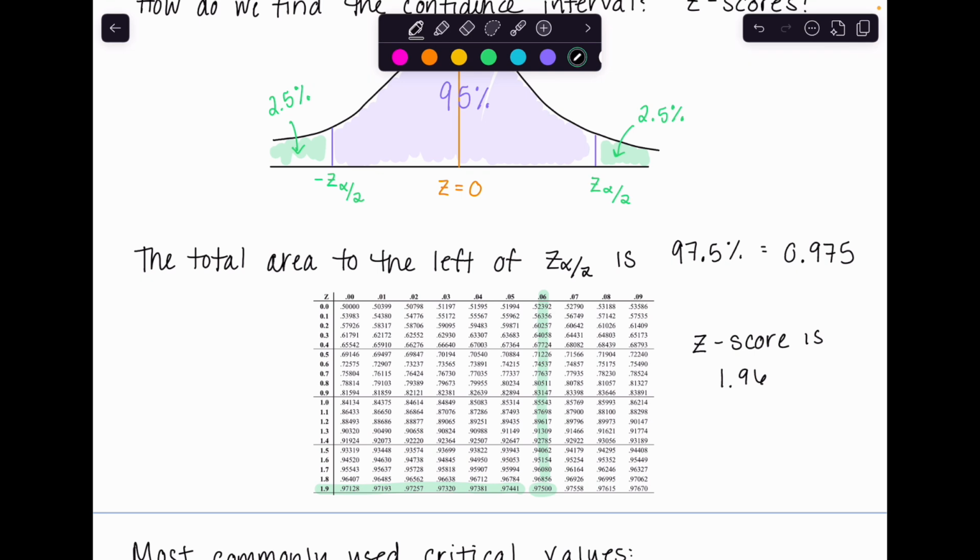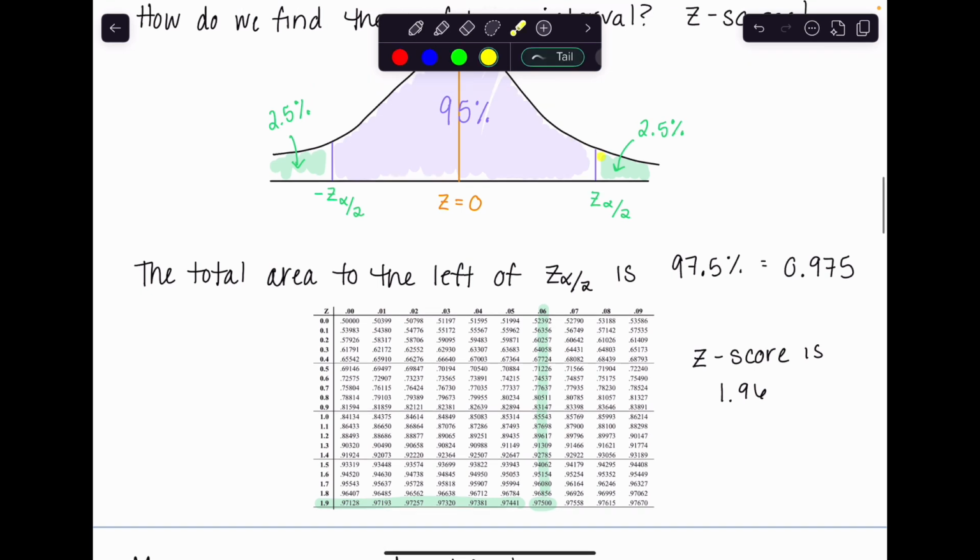I could go through, if I wanted a 90% confidence interval, that would mean that 5% is here, 5% is here. So I'm gonna look where 95% of data is. And this one you can actually kind of see what that is. 95% falls in between these two values. So it's somewhere in between 1.64 and 1.65.